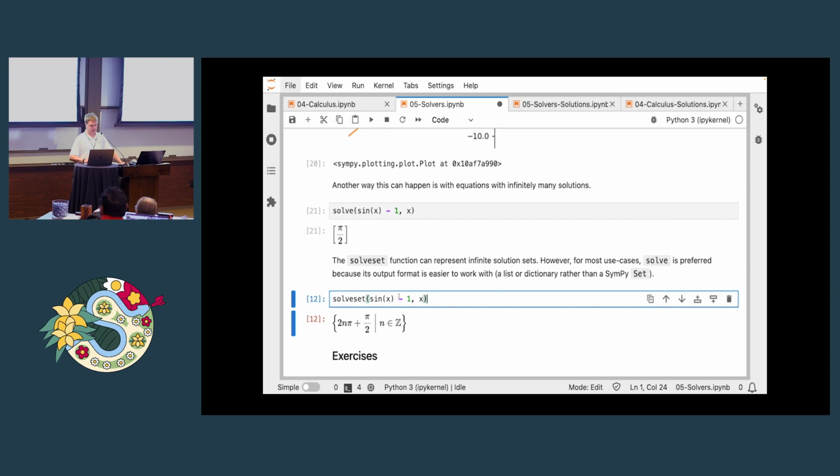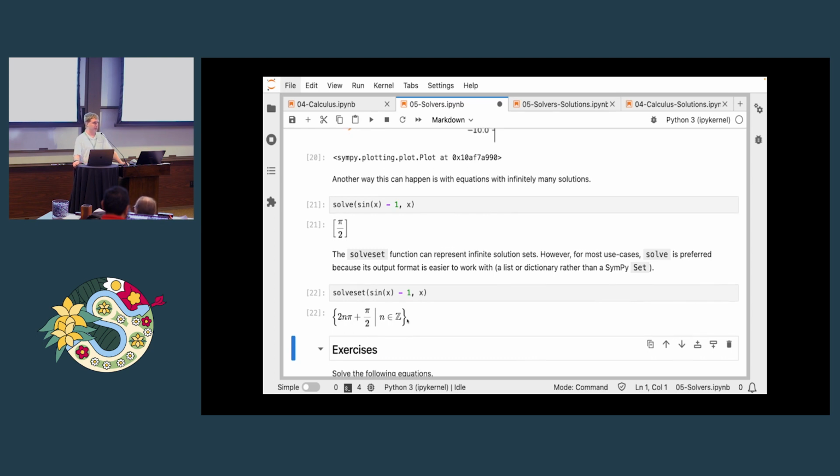And so there's another function in SymPy called solveset, which works similar to solve, except instead of returning Python objects, it will return the symbolic set objects. So this here is a set representing the full solution set to this equation. So 2n pi plus pi over 2, where n is every integer.